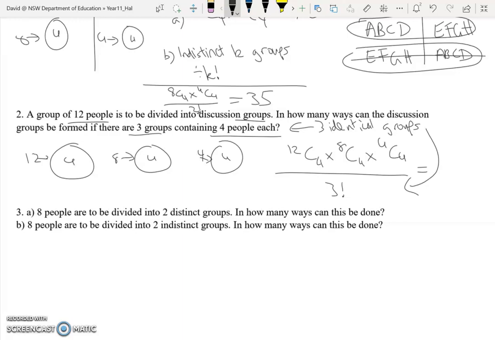So let's quickly do that in my calculator. 12C4 times 8C4 divided by 3 factorial. So it's 5775.